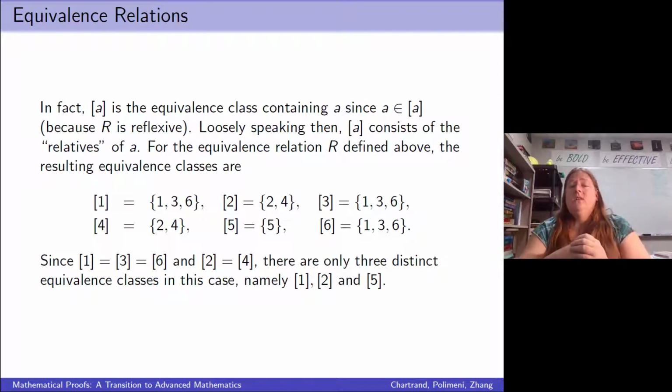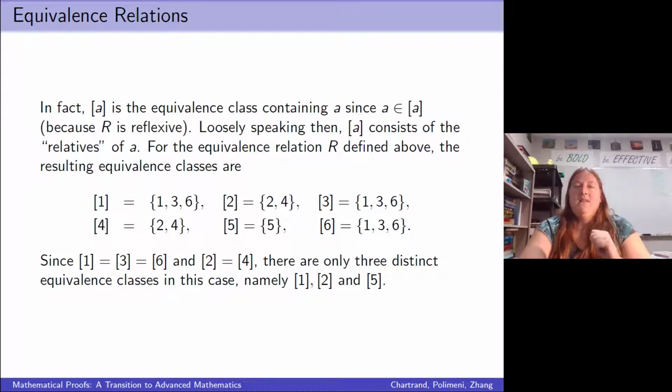And then 2 and 4, you notice that those are also identical, so we only have to talk about one of them. And then the equivalence class for 5 is unique from all the rest. So there are 3 distinct equivalence classes, and those are the equivalence class that has 1 in it, the equivalence class that has 2 in it, and the equivalence class that has 5 in it.